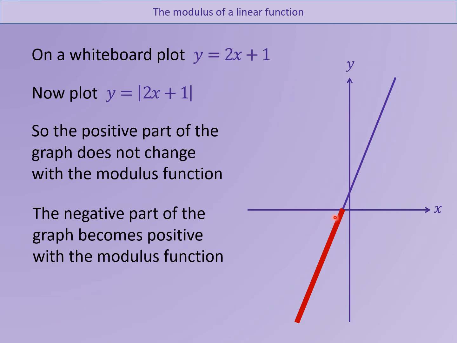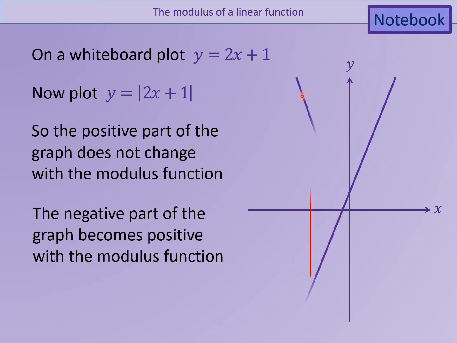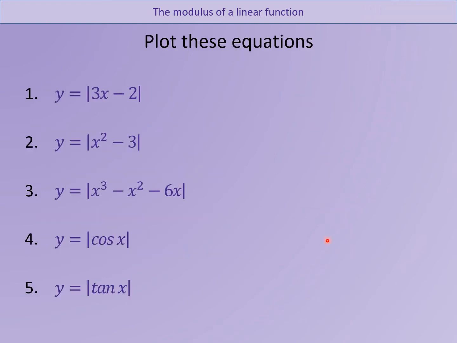So all of those numbers that are there are actually going to be transformed to positive numbers. Anything that was negative becomes positive. And that is the graph of y equals modulus of 2x plus 1. Anything positive was exactly the same as 2x plus 1. Anything negative got reflected up to make it positive.